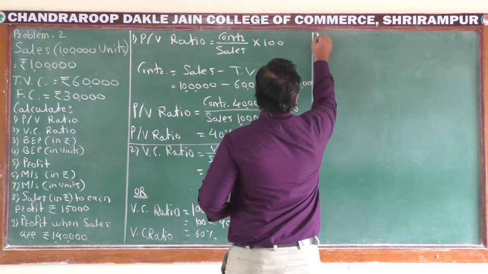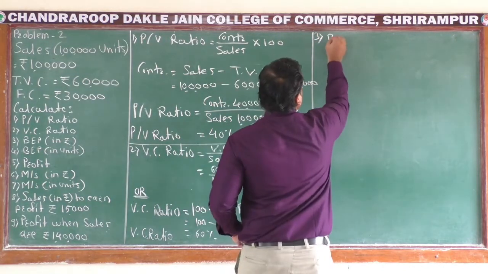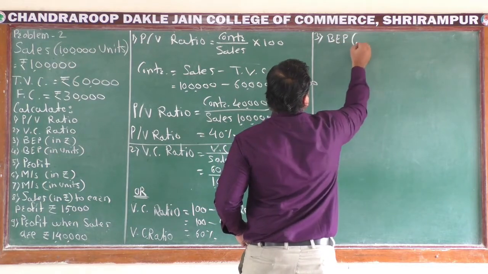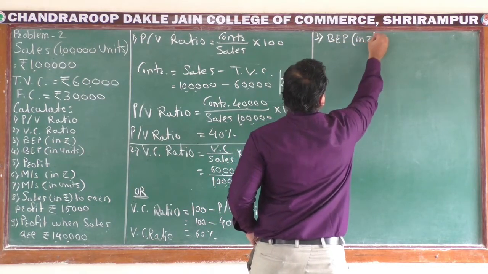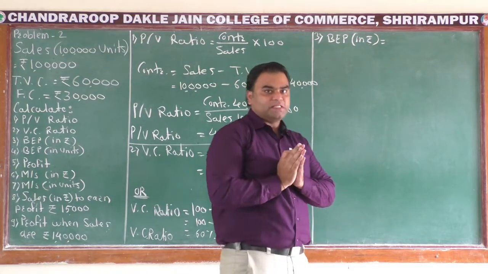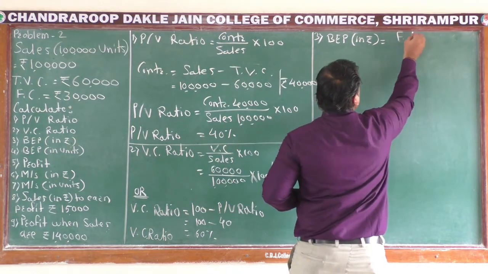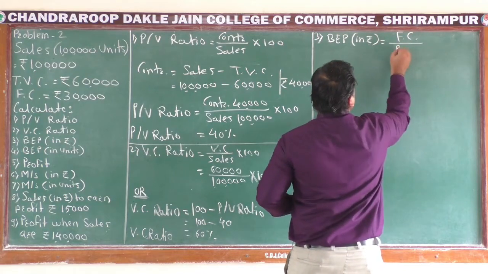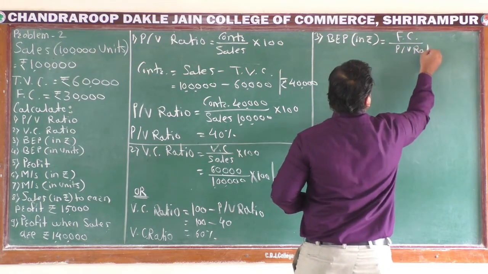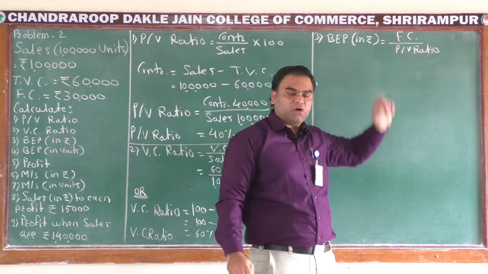Can you tell me the formula to calculate BEP in rupees? BEP in rupees is equal to fixed cost divided by PV ratio. So as we know, why we have taken here the amount of fixed cost?